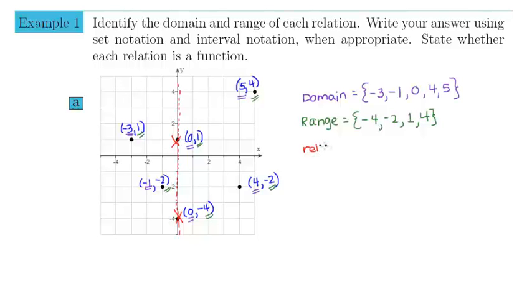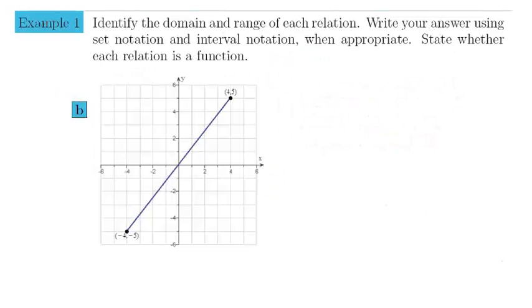So, because the value 0 maps to 2 different y values, this relation is not a function. Again, because the value 0, which is in your domain, maps to more than one value in your range. Make sense? Perfect. Let's move on and look at example 1b.